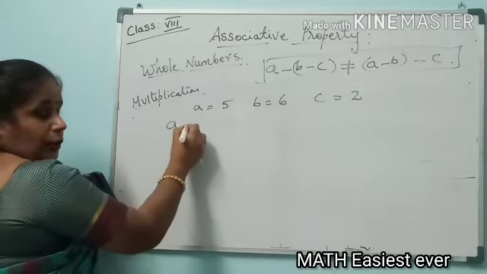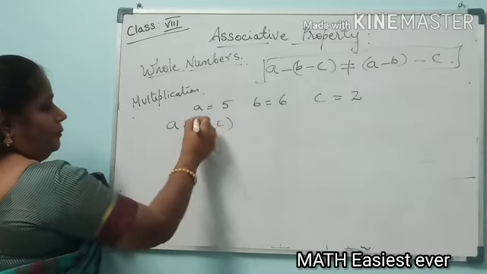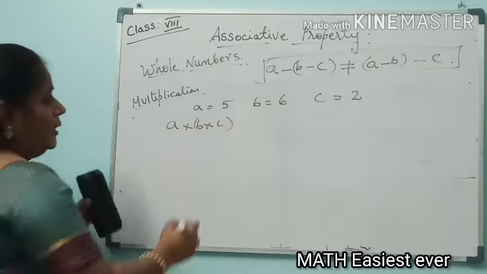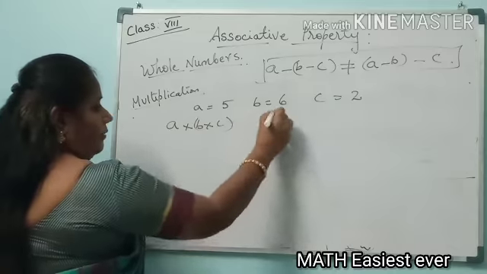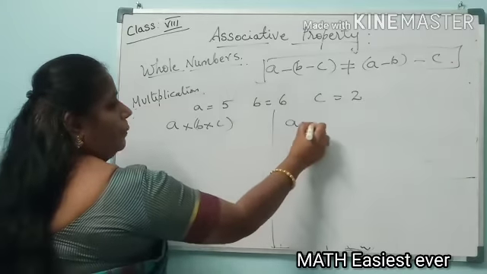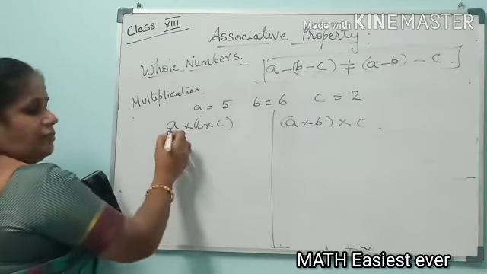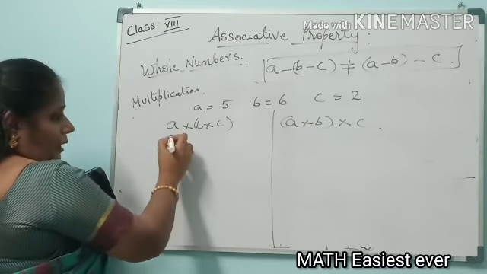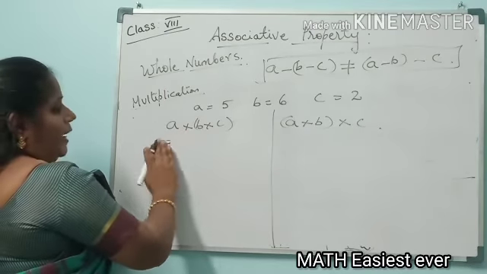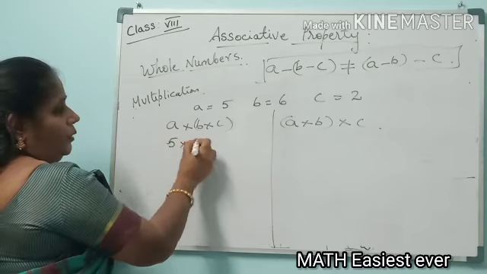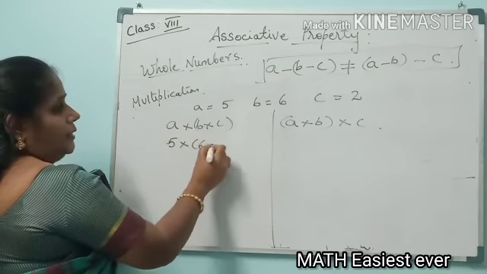A into (B into C). Multiplication. So, we'll go for that. We have to check whether that is same as the other way of grouping, (A into B) into C.